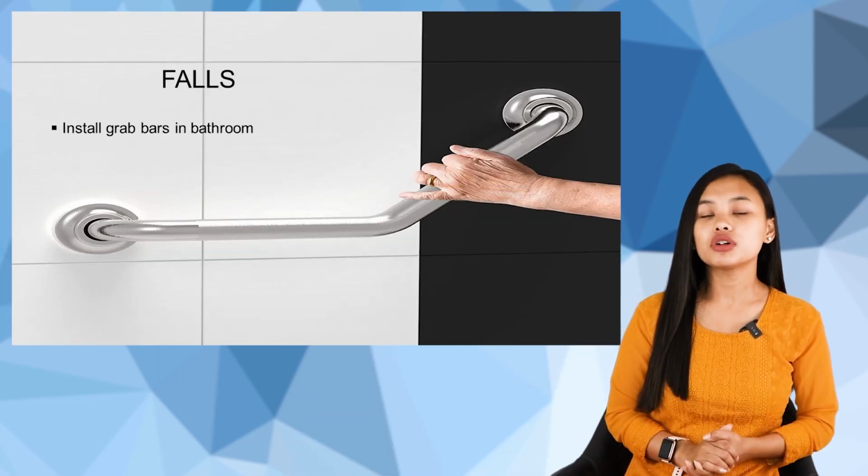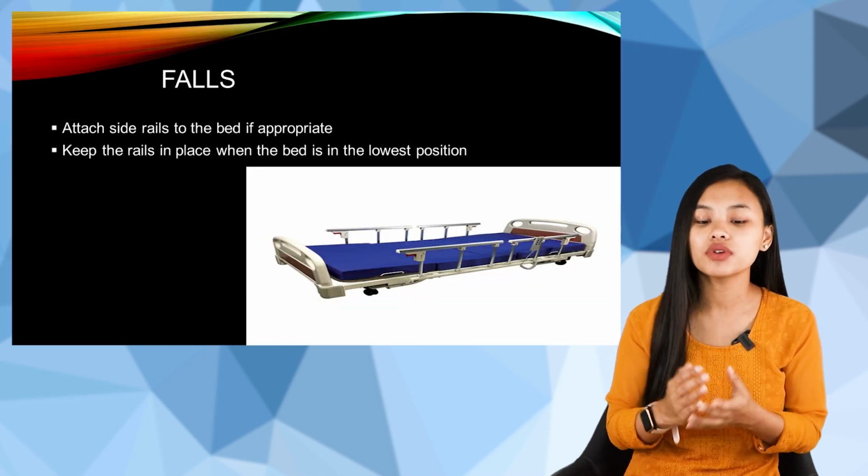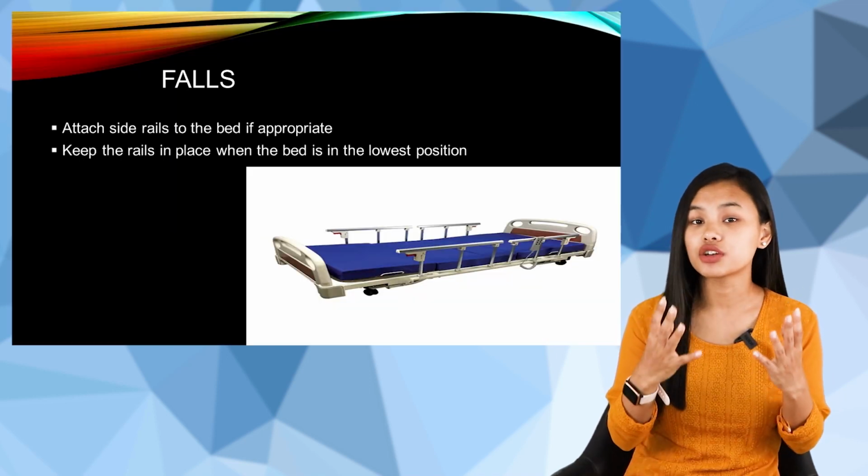If you are encountering clients who are under the treatment process because of these types of cases, you should also make sure that you keep the bed in a low position so that it will be easy for them to get down or get on the bed. You should also install grab bars in the bathroom, and attach side rails to the bed if required.